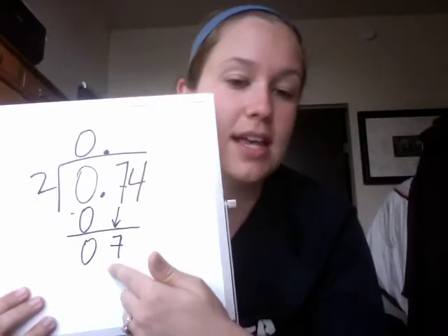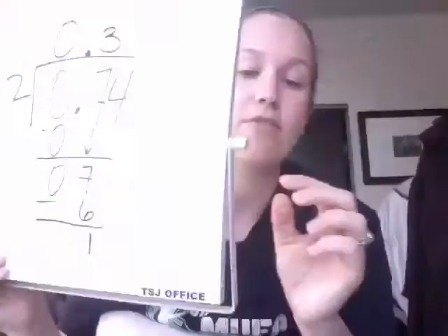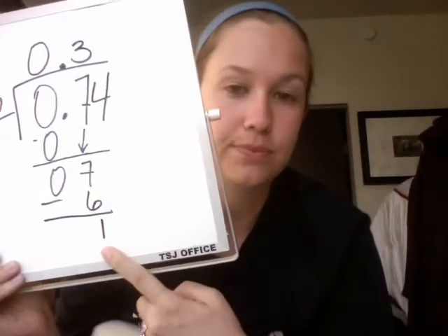Then I bring down my 7. How many times does 2 go into 7? It goes in 3 times, right? I'm going to put my 3 up here. 2 times 3 is 6. And here's what's happening. So I have 1 left over.